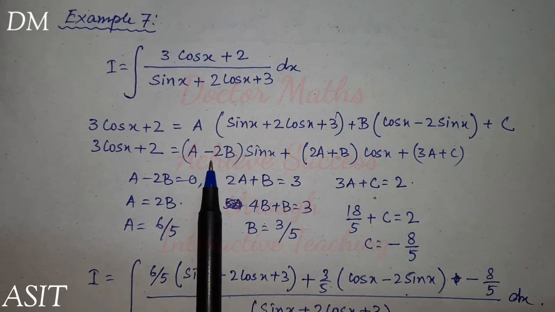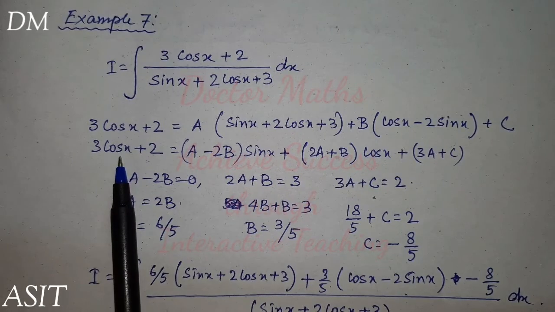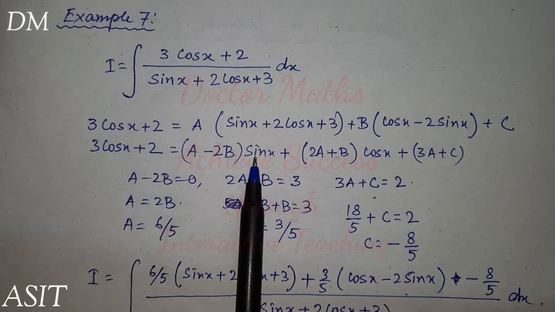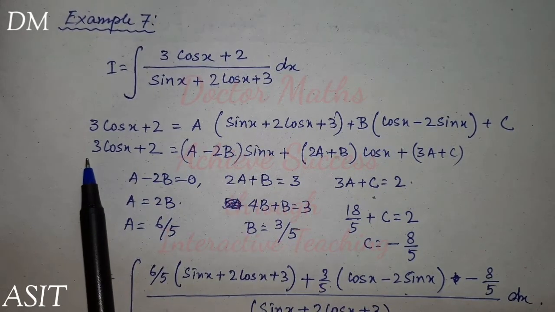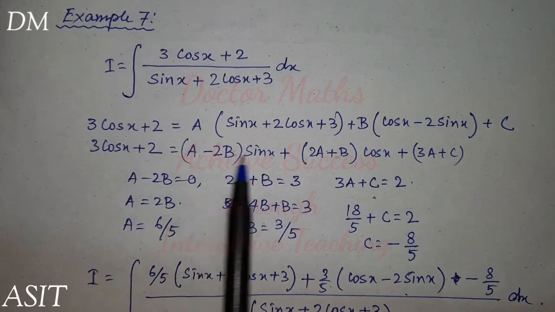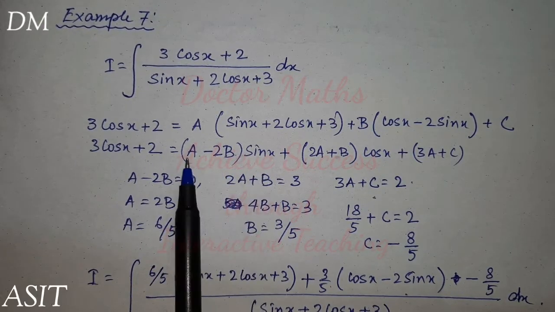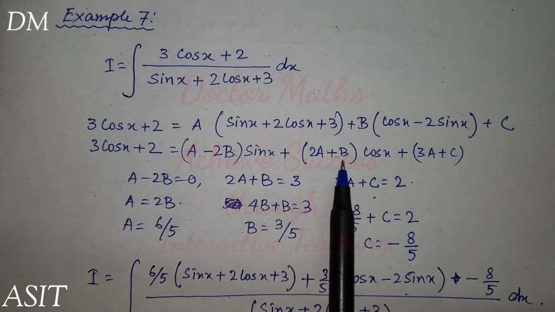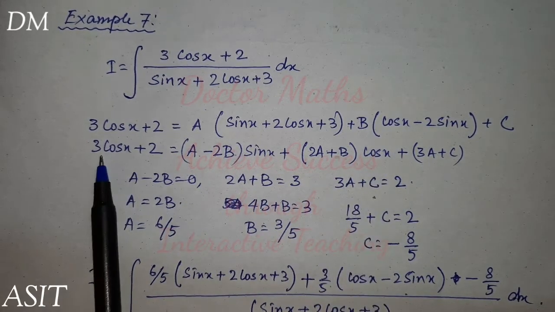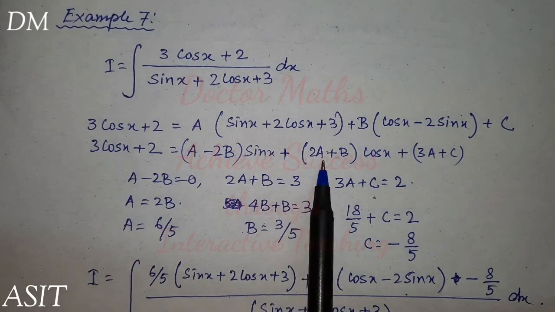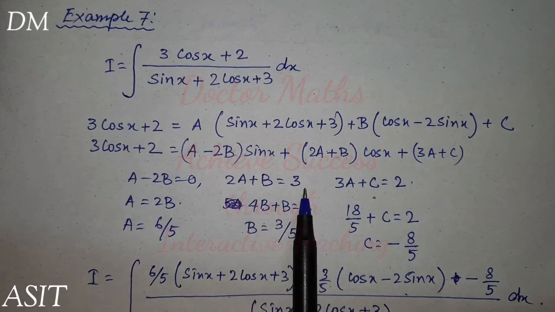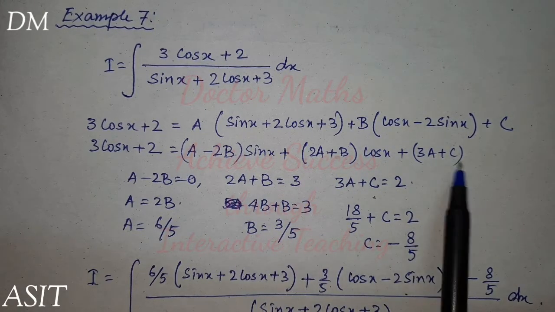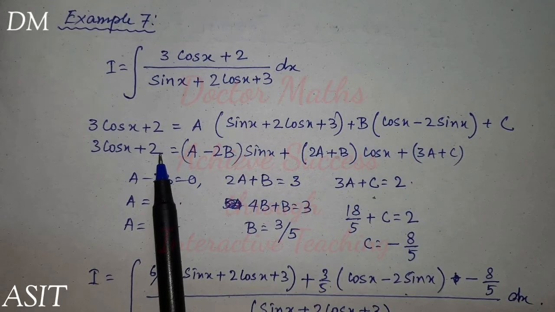Now if we compare with the left hand side, we can see there is no sin x on the left hand side. So therefore the coefficient of sin x on the RHS, that is a minus 2b, will be 0, and the coefficient of cos x will be equal to 3. So 2a plus b will be 3, and 3a plus c will become 2.